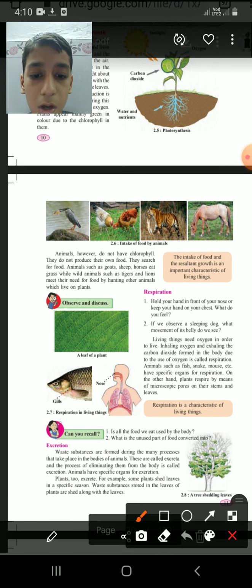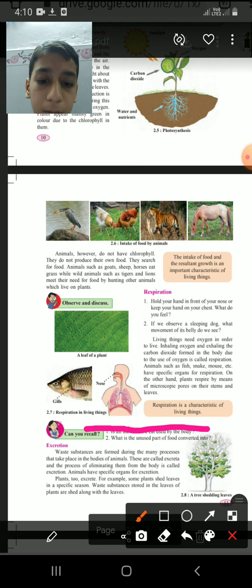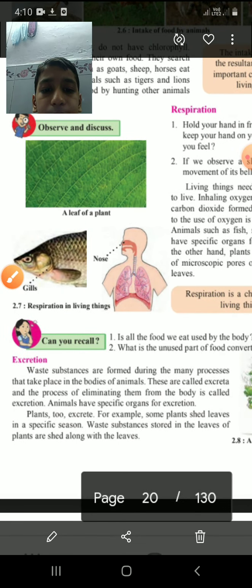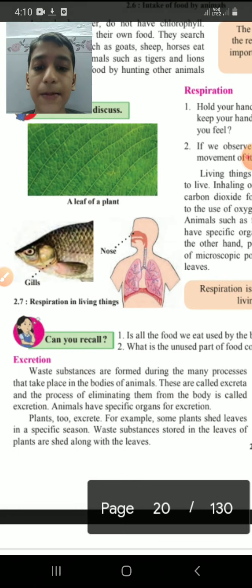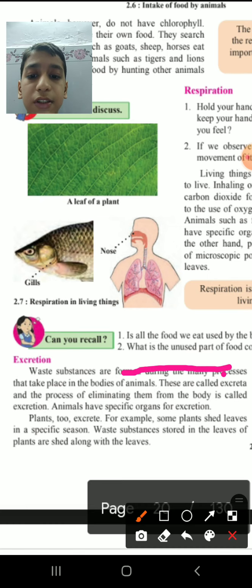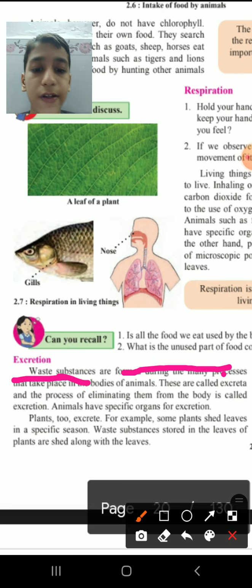Is all food we eat used by the body? What is the unused part of the food converted into? Excretion. Waste substances are formed during the many processes that take place in the bodies of animals.